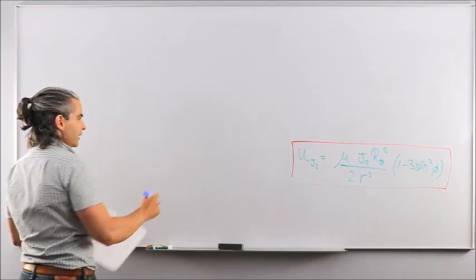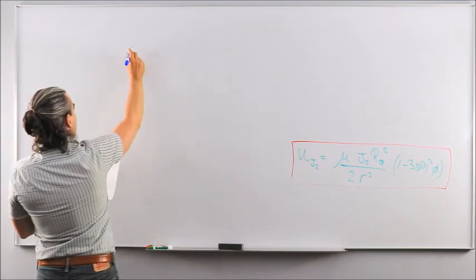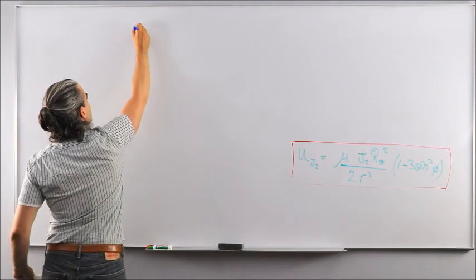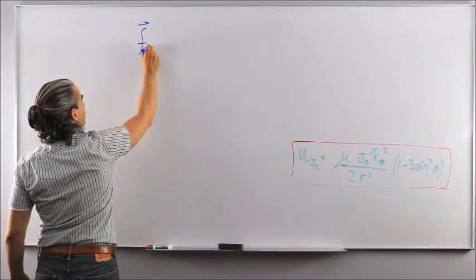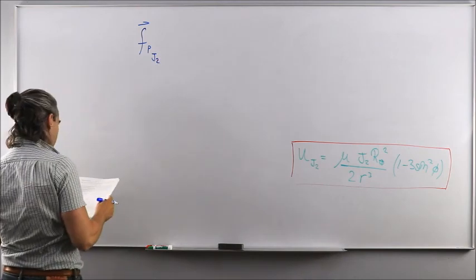So if this is the geopotential function U, I'm going to switch to blue. Again, what we want is the perturbing acceleration vector, but this time specifically due to J2.